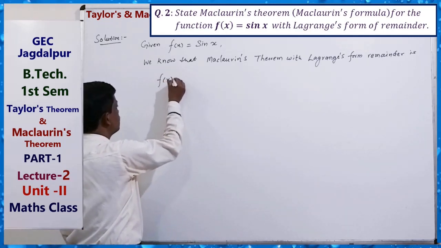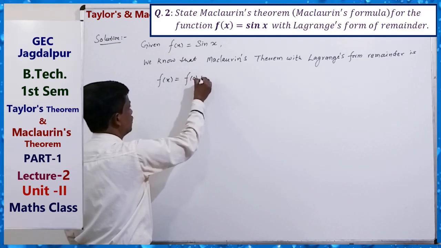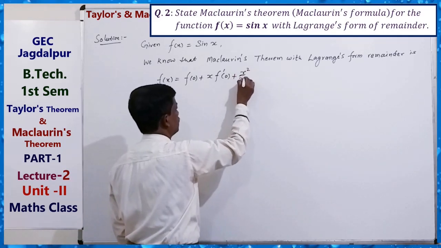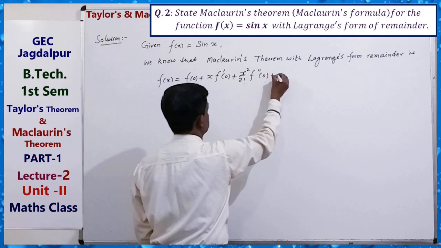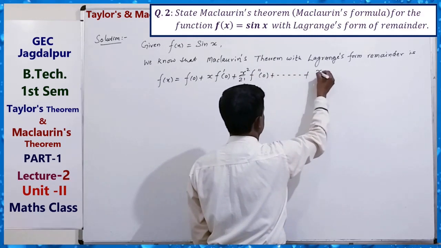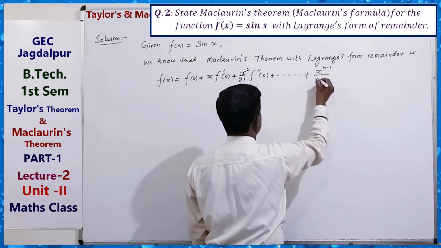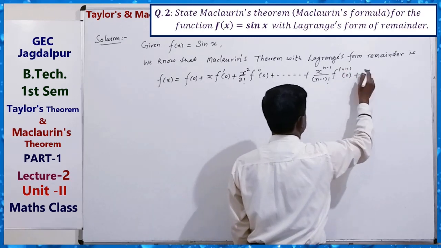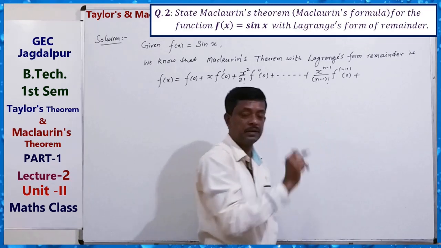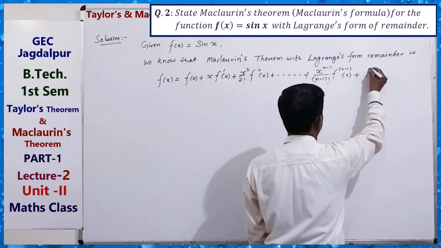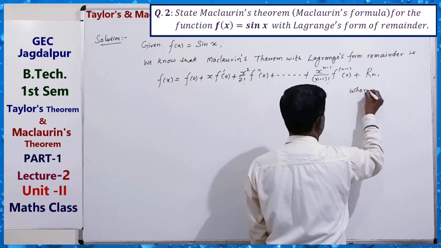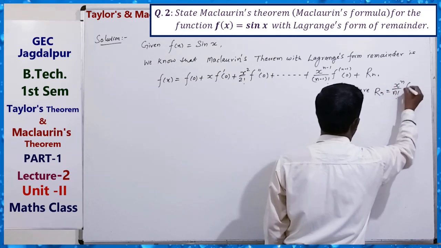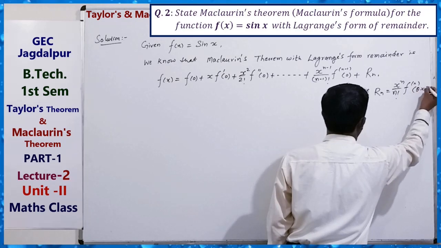f(x) equals f(0) plus x f'(0) plus x squared by 2 factorial f''(0) up to x^(n-1) upon (n-1) factorial f^(n-1)(0), plus up to the remainder Rn, where Rn equals x to the power n upon n factorial f^n(theta x).